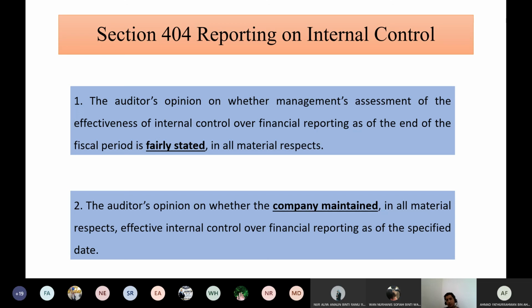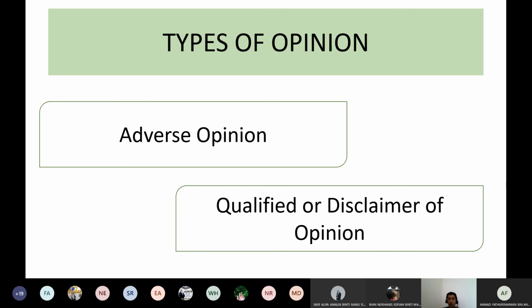So first is about the disclosure. Next is about maintaining and operating the internal control effectively. How will that affect the auditor's opinion? If it materially affects the financial statement, if it is significant and material, then it will change the opinion to a qualified or adverse opinion.